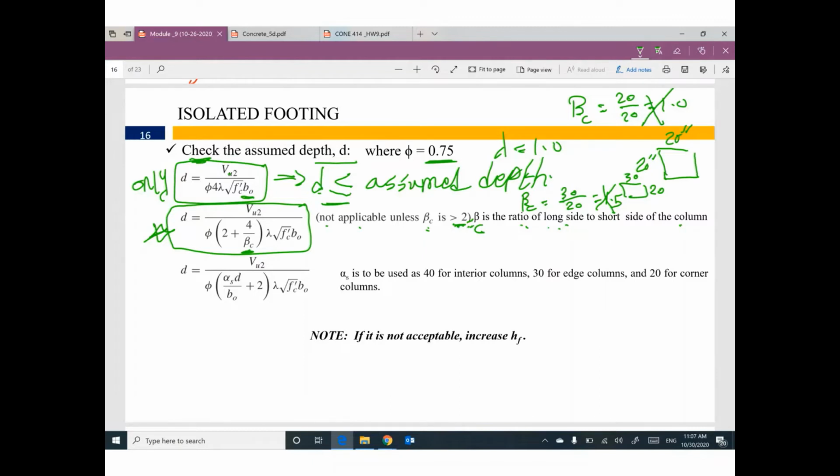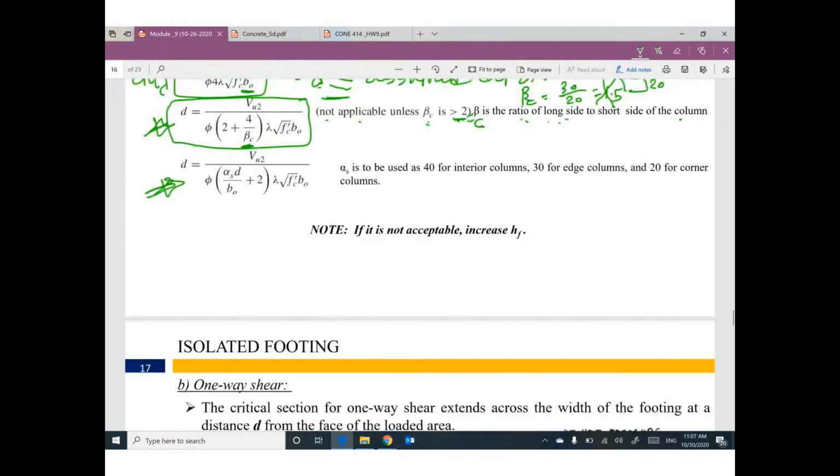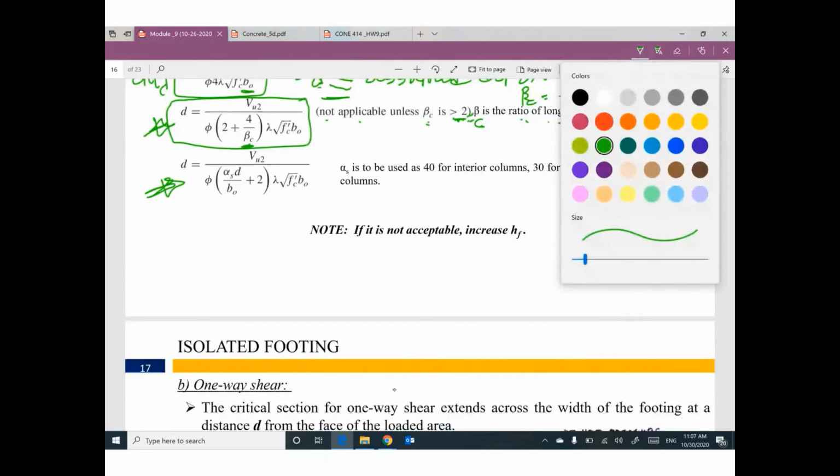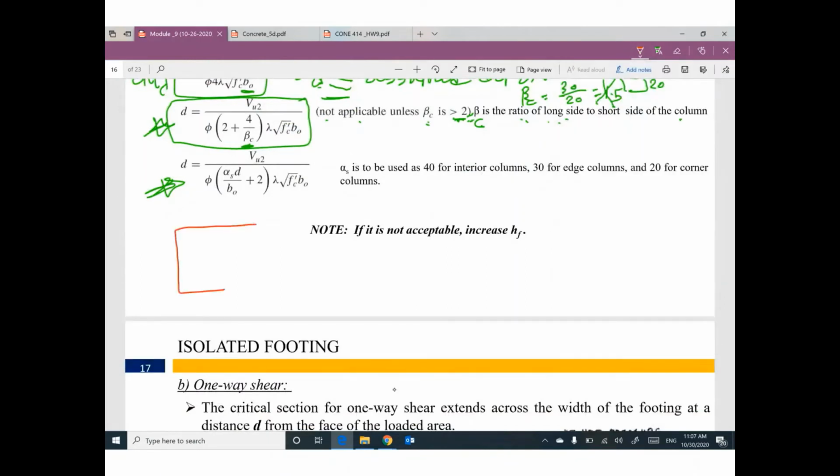The third one, I'm going to use if your column is at the edge of the footing, or your column is at the corner of the footing, and sometimes if your column is at the center of the footing.